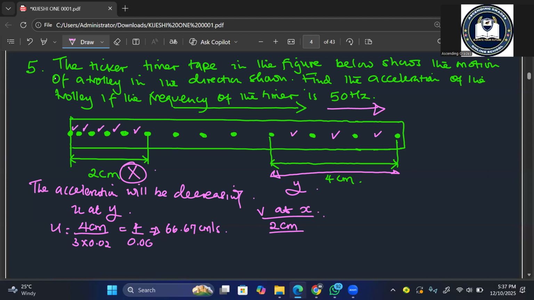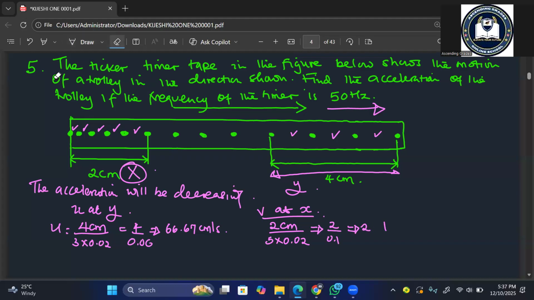So it will be 5 each of 0.02. This is 2 divided by 0.1, getting 20 centimeters per second.